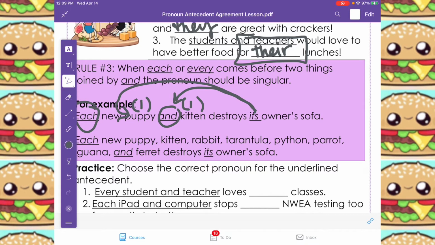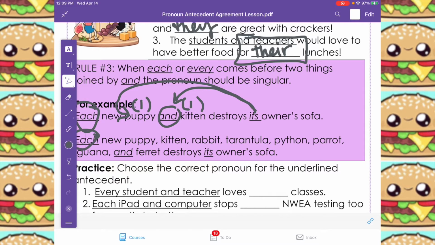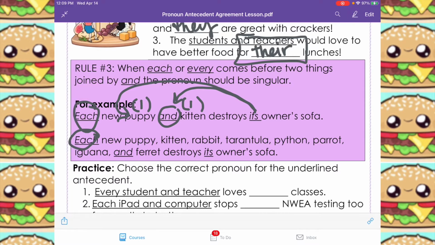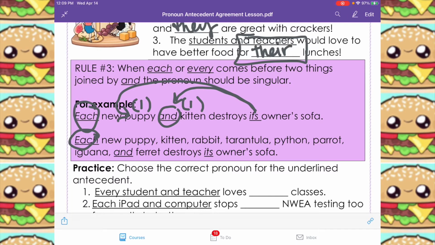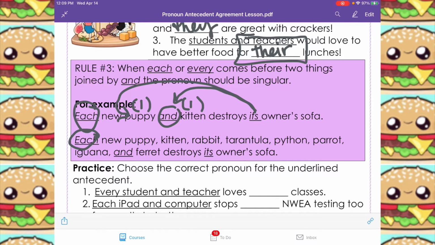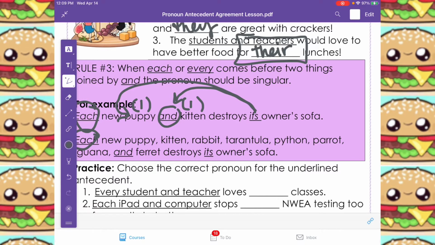So that's why we have a singular pronoun when we see each. It's because we're referring back to each one by itself. Even if you have a huge list, each puppy, kitten, rabbit, tarantula, python, parrot, iguana, and ferret destroys, I'm referring back to each individual one, its owner's sofa.